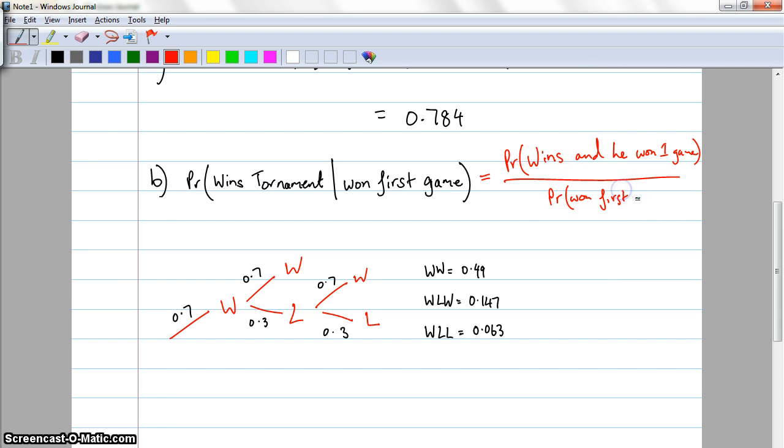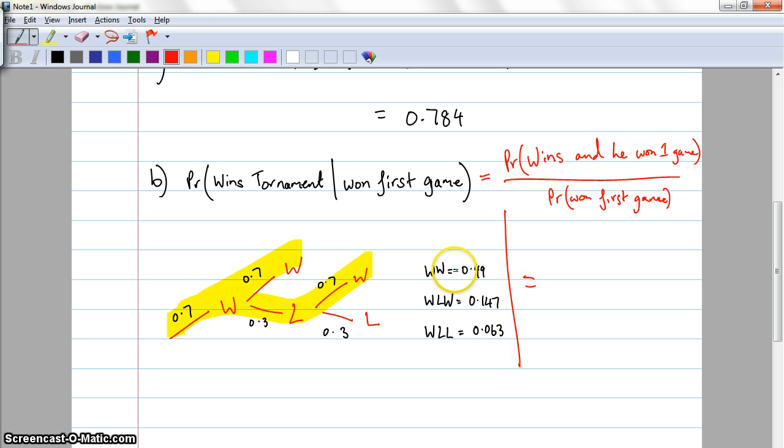Now the reason I do this is because this bottom bit, won the first game, is all of these options here, and then the top bit is he wins the first game and he wins the tournament. So this one and this one. So now again in yellow I'll put all the options of him winning, that one and that one. So those are the options of him winning the whole tournament, but it's still out of all of the options here.